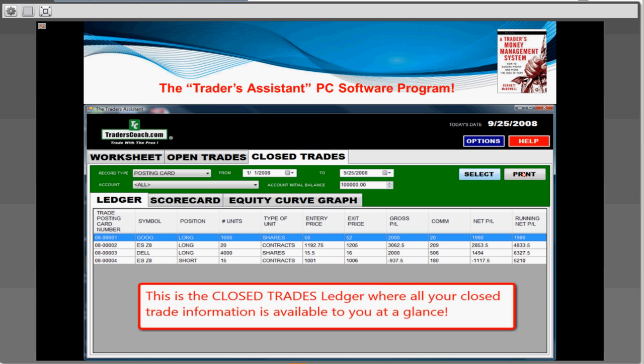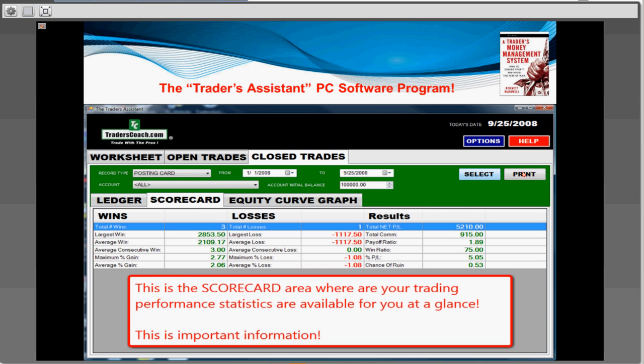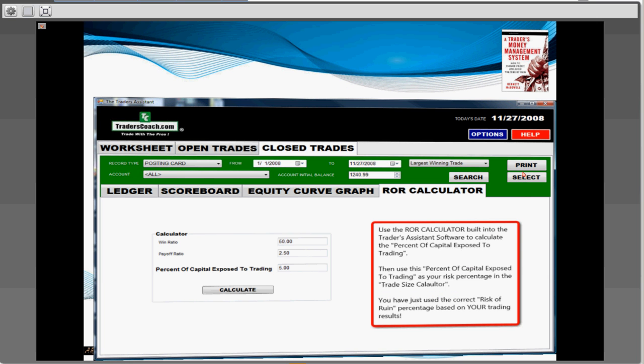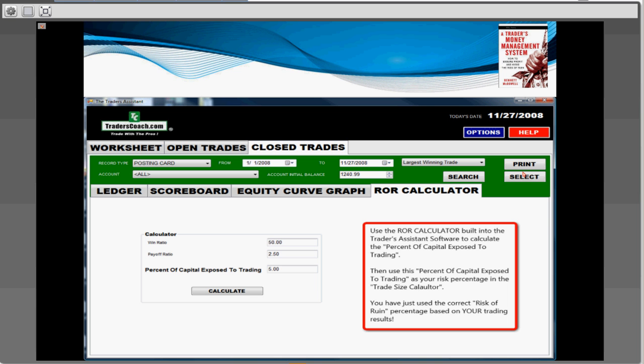It has complete statistics. But the real kicker is this: this is the risk of ruin calculator that will deliver the percent risk based on the risk of ruin calculations built into this. And this is what you would use in terms of the percent risk to put into the calculator. All right?